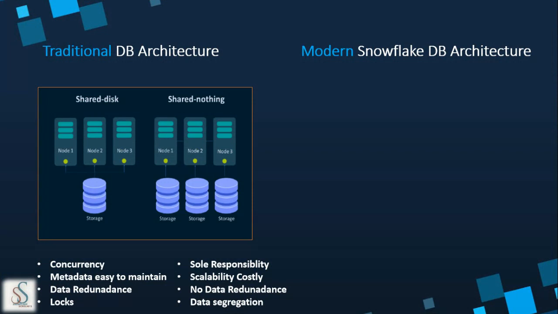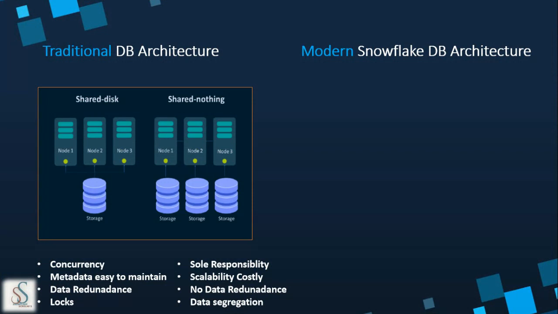And here data redundancy is possible. Why? Even though they are maintaining a single storage here, they will maintain some extra storage where node 1, node 2, node 3 will also be connected, holding duplicate data of storage 1. So if storage 1 fails for some reason, immediately node 1, node 2, node 3 will shift to that storage 2.